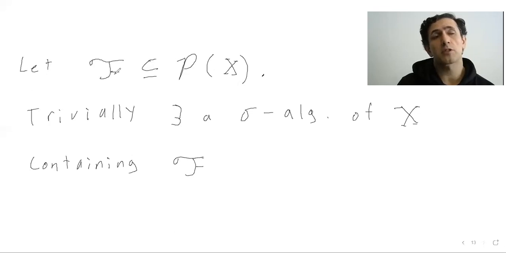We'll also talk about script F being all open intervals of the real line. So really, we have a very concrete F in mind, and we'll put what I'm going to do to good use in the next video.